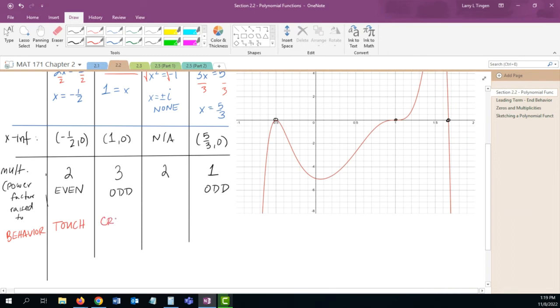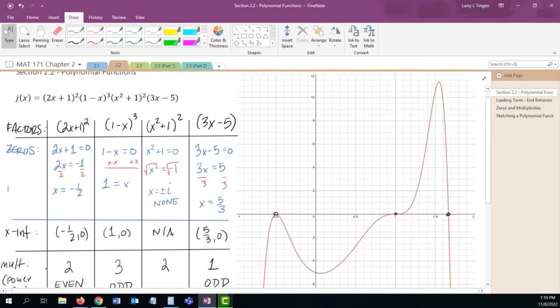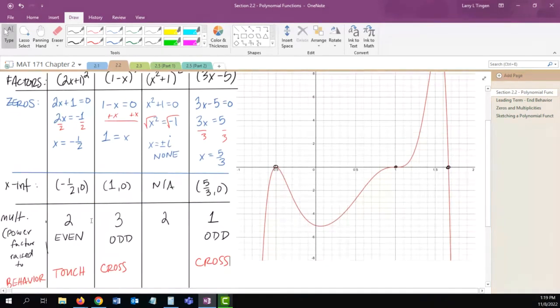Whenever the power is odd, my behavior is going to be to cross. So whenever I take my polynomial down into its factored form, I'm going to check the multiplicities, and if the zero at -1/2 has an even multiplicity, when I go to sketch this graph, it's going to touch. And if I have one that's odd, it's going to cross.